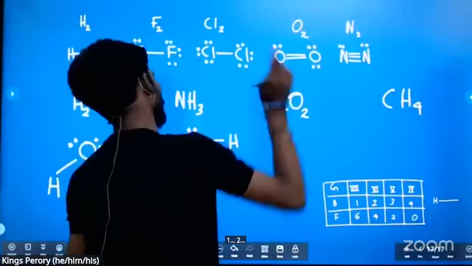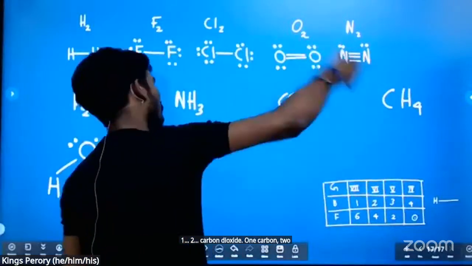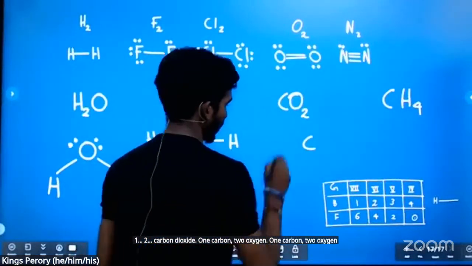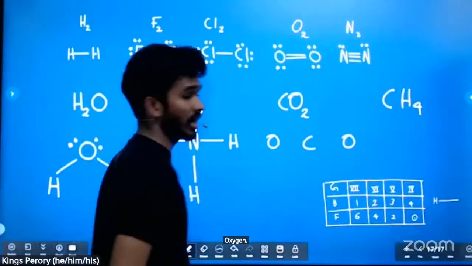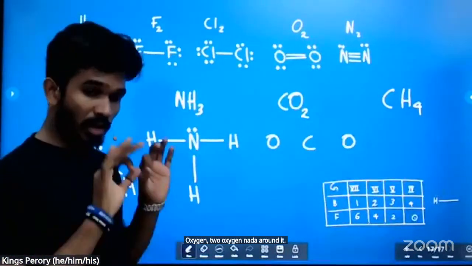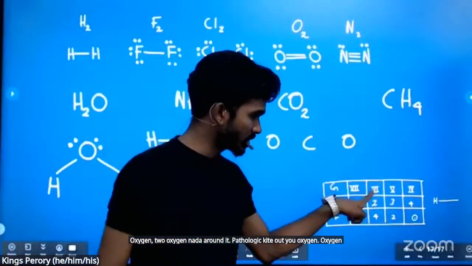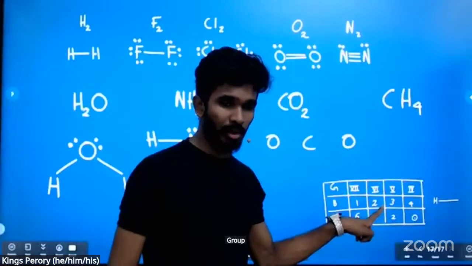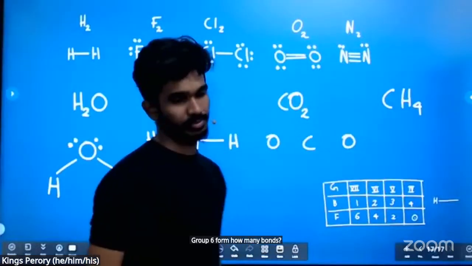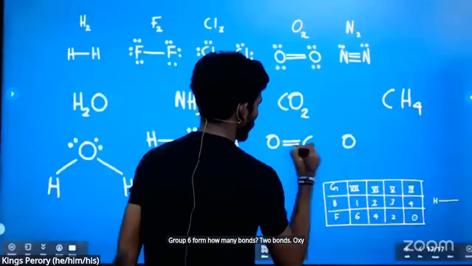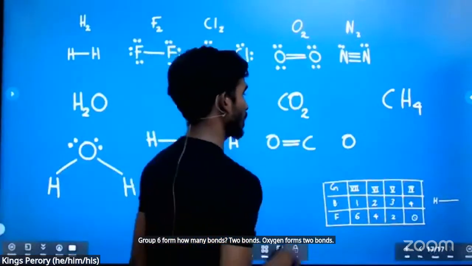Carbon dioxide. 1 carbon, 2 oxygen. Carbon central, 2 oxygen around it. What's the logic I taught you? Oxygen is group 6. Group 6 forms how many bonds? 2 bonds. Oxygen forms 2 bonds. This side also you have oxygen.